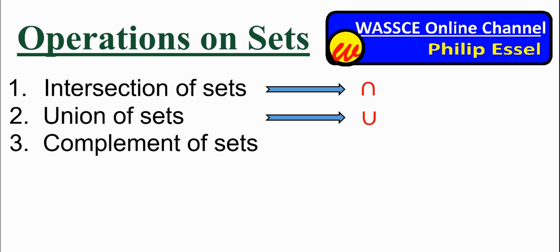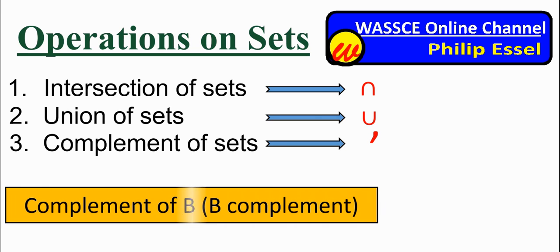We will then look at complement of sets. This is the symbol used to represent complement of sets. It is the apostrophe sign. Still under complement of sets, let's note that complement of B or B complement will be written as this.